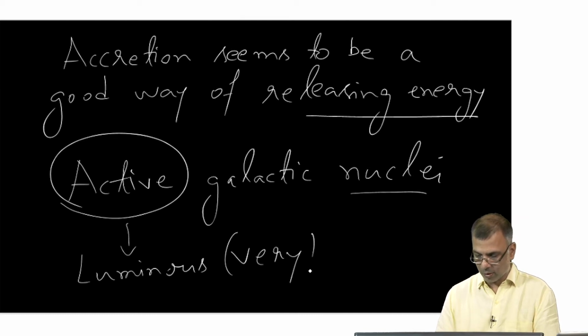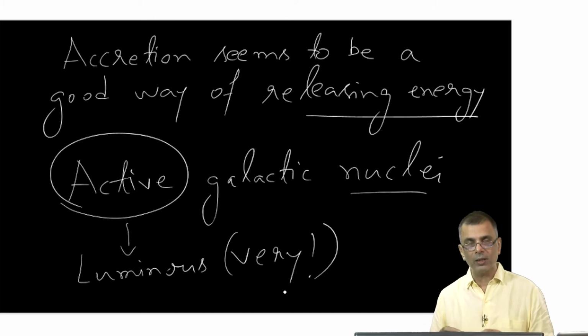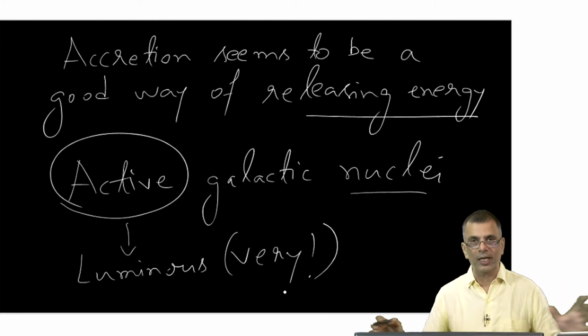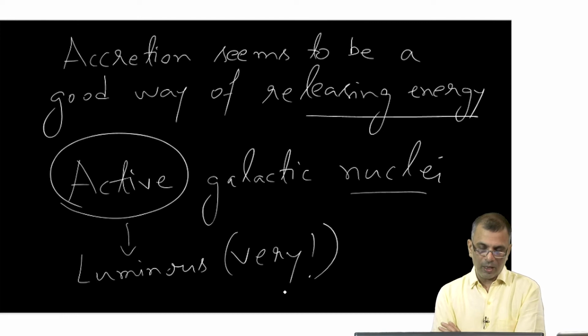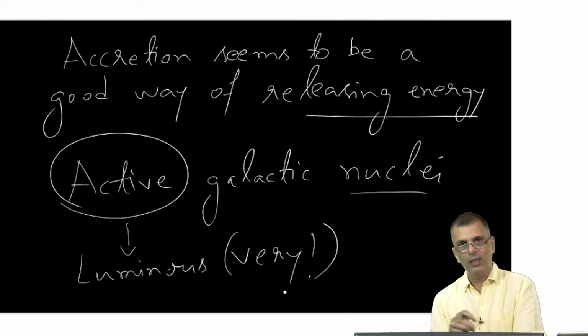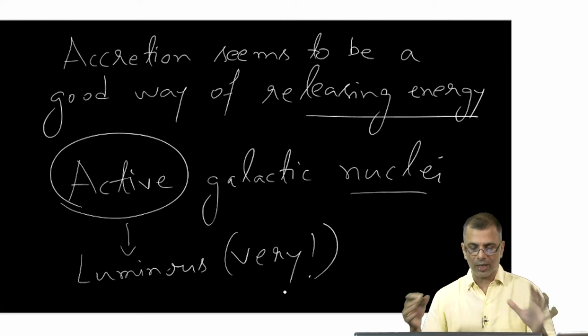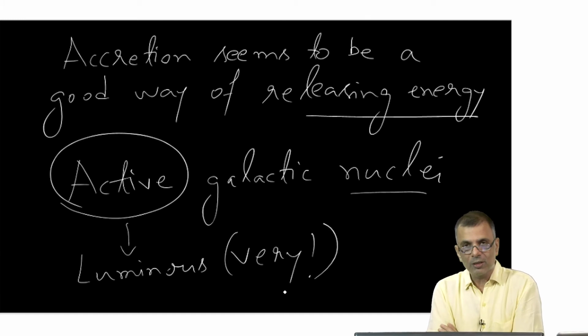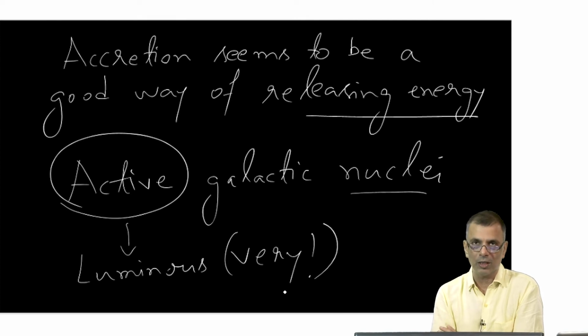They are so luminous that they typically outshine the entire galaxy. The light, the photons from the nucleus dominates the entire galaxy. So naturally the question to ask is, what is causing the release of this enormous amount of energy?